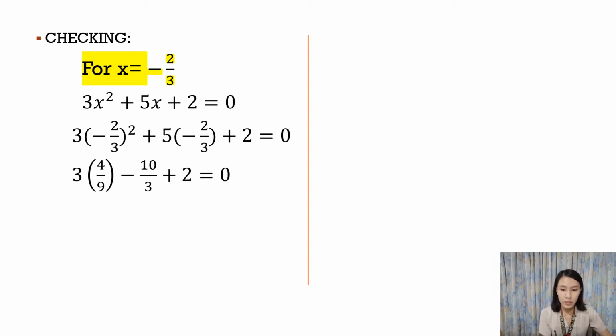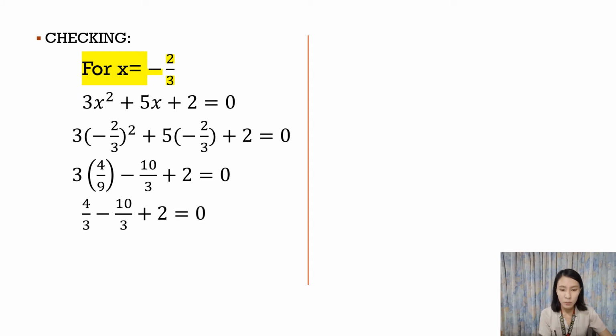Perform the operations. Now we will have 3 times 4 over 9 minus 10 over 3 plus 2 is equal to 0.